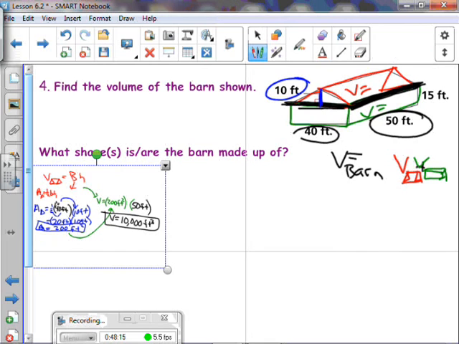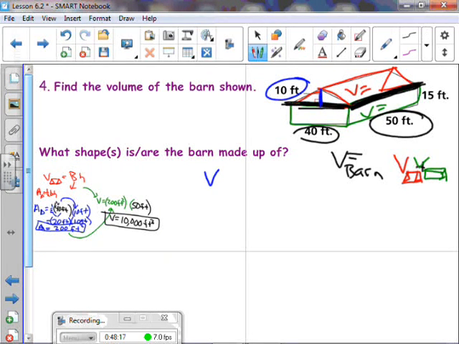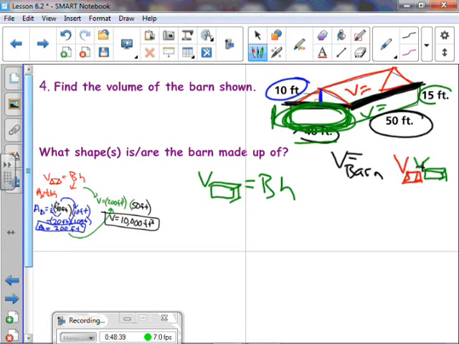Now the volume of the rectangular prism, I was actually using green for that, so I'll keep it as green. The volume of the rectangular prism is, as always, base times height, and the base here is this thing right here. Okay, so that is 40 feet by, how high is this? That is 15 feet high.